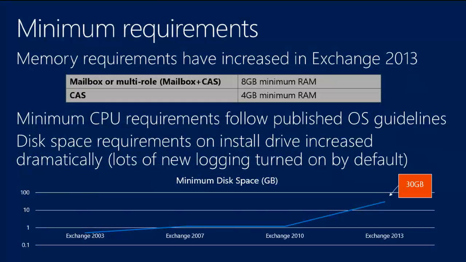There's a number of other logging sources that are enabled out of the box that are very useful for you to understand how your system's being used and useful to Microsoft for troubleshooting if you run into problems in the future. Hopefully 30 gigs is not a big deal, given that disk space is a little bit cheaper today than it was in 2010 and certainly a lot cheaper than it was in 2007, but important to be aware of that increase.